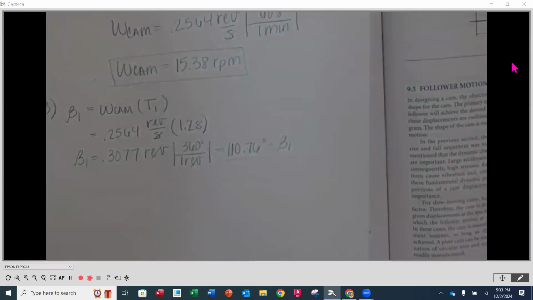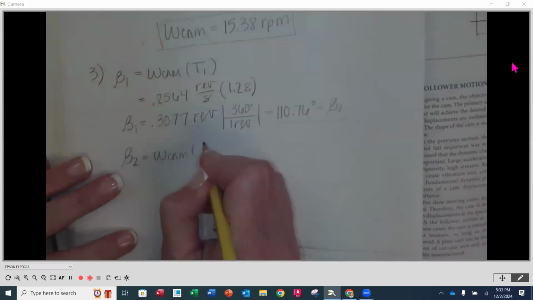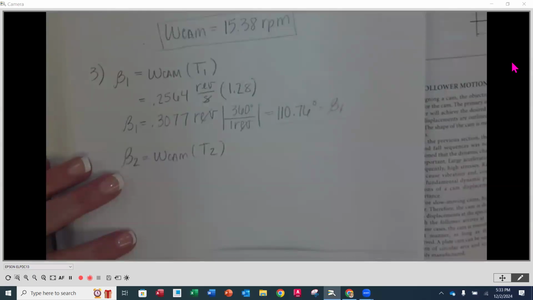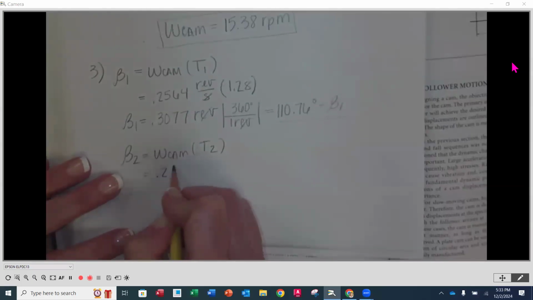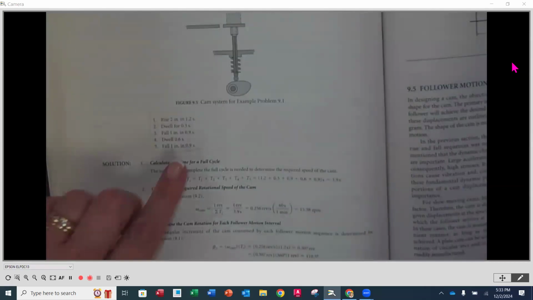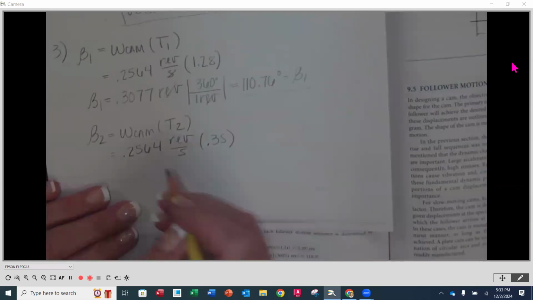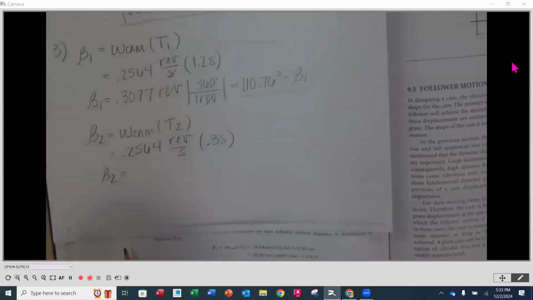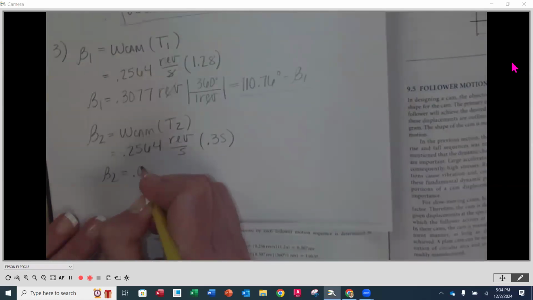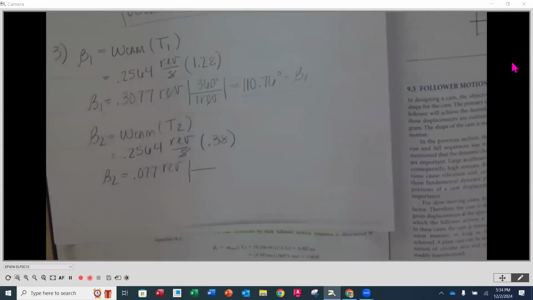Now we want to figure out what beta 2, beta 3, beta 4, and beta 5 are. Then we're going to add those up and make sure that they all add to 360 to make sure that we did it correctly. So now let's do beta 2. Beta 2 is also going to be the W of the cam, but this time times the time 2. Same number here, 0.2564 revolutions per second, but this time our time 2 for that dwell is 0.3 seconds. So beta 2 should get 0.077 revolutions.